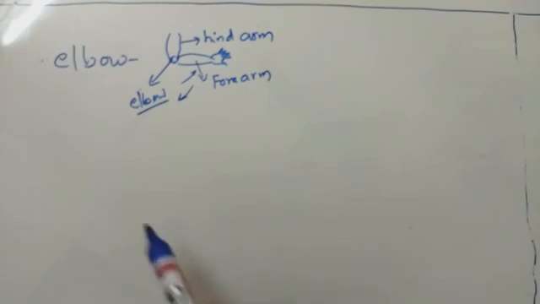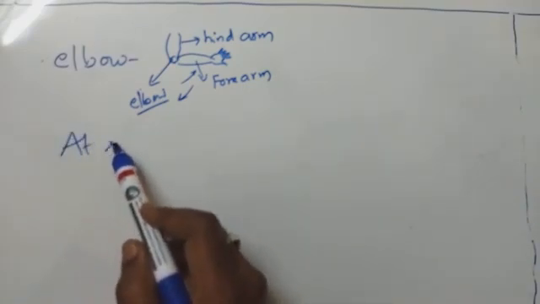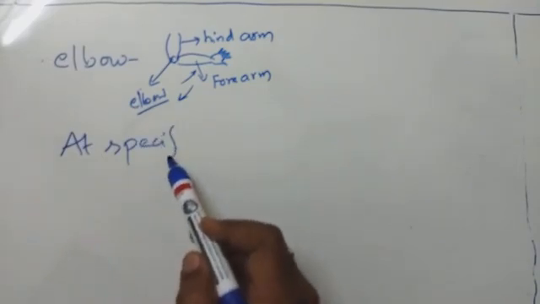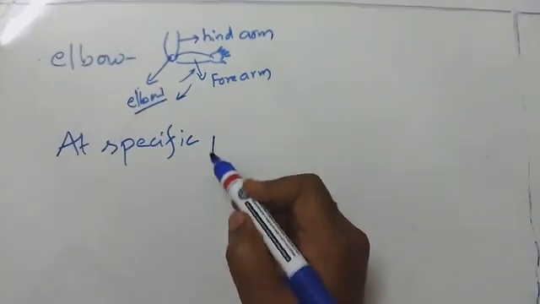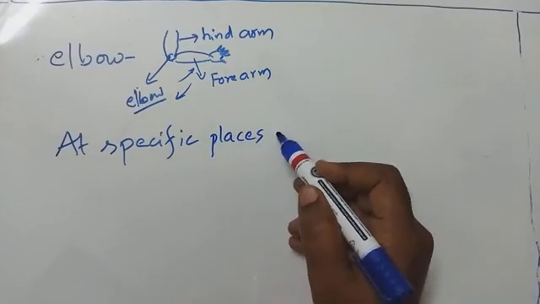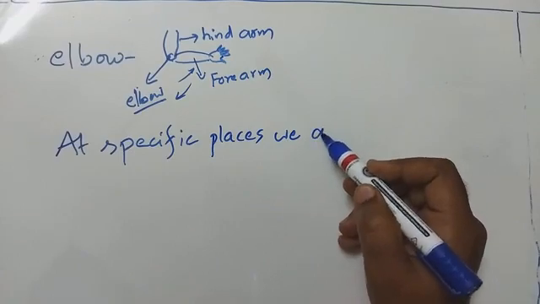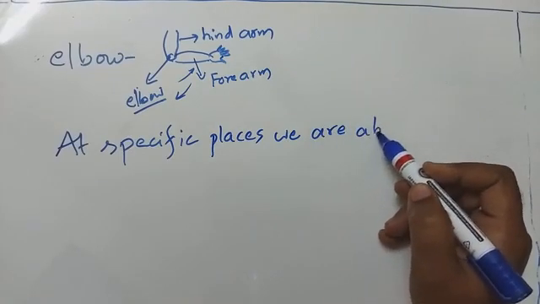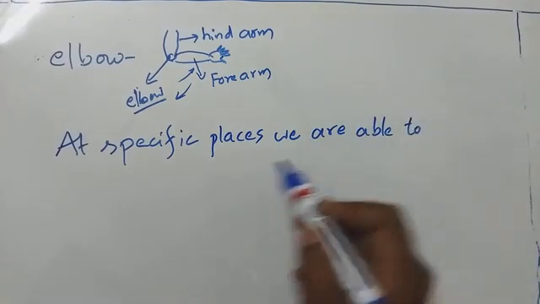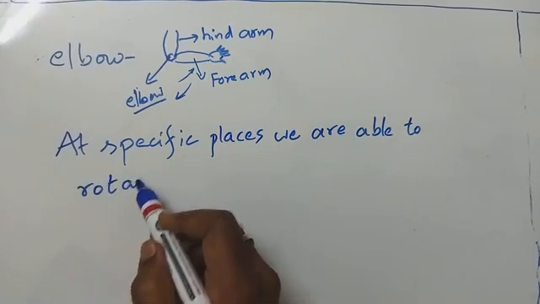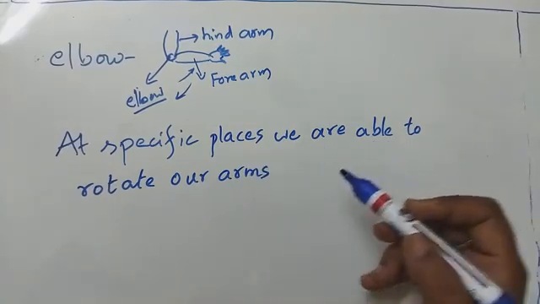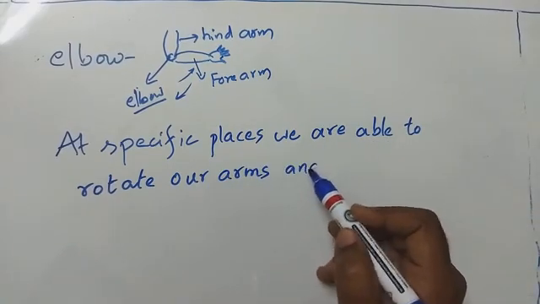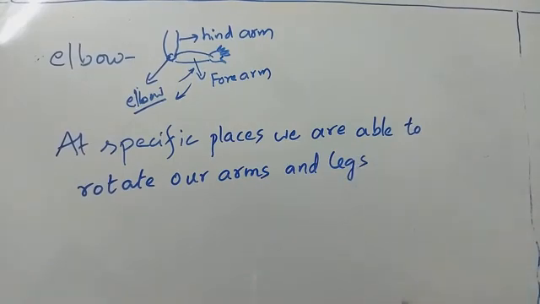So, at some specific places, we are able to rotate our arms and legs in different directions.